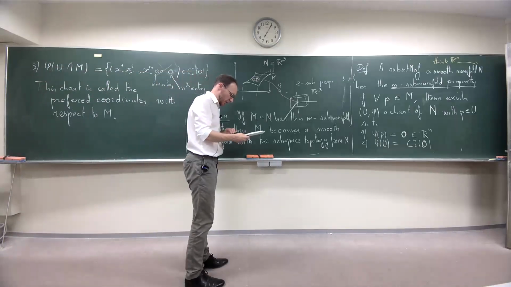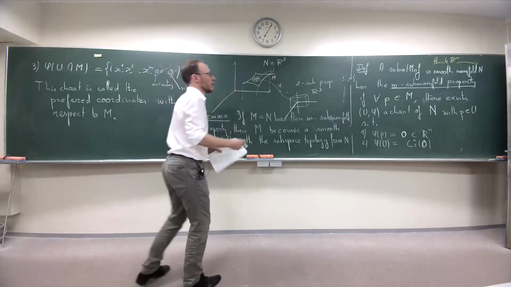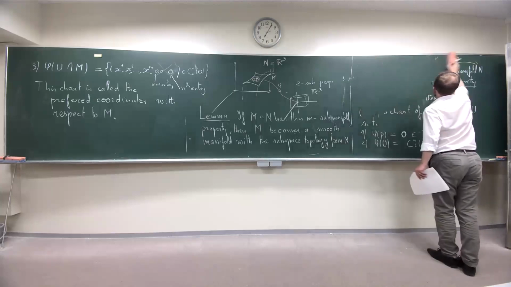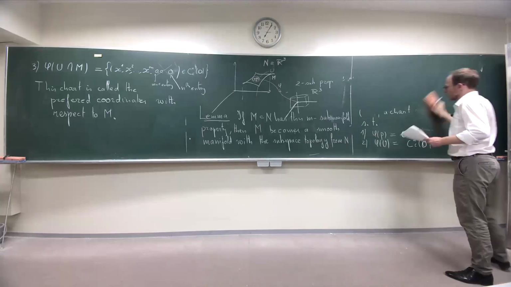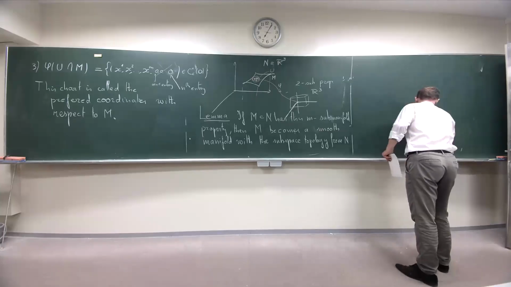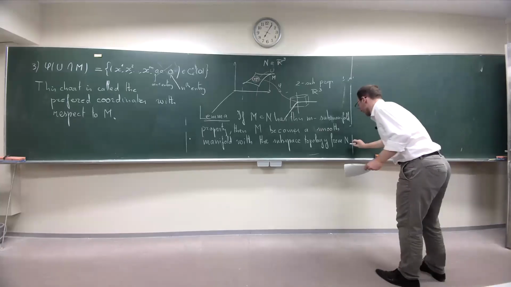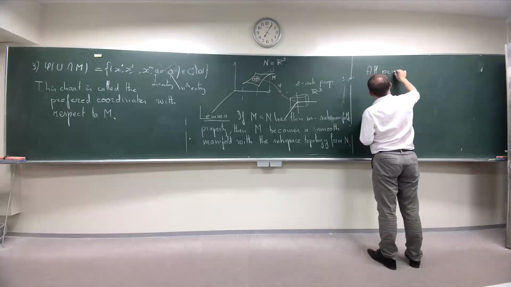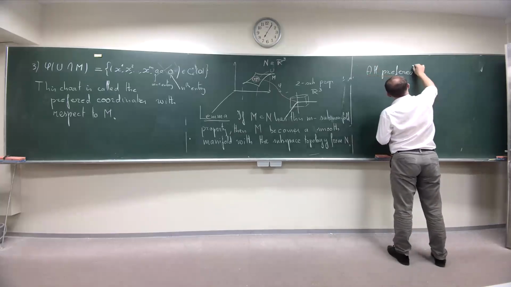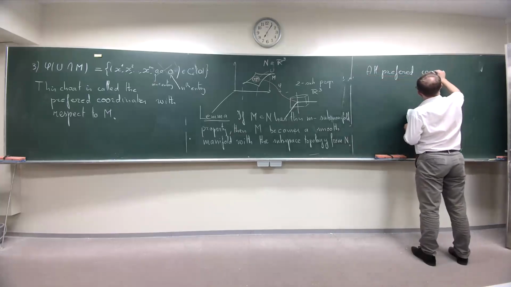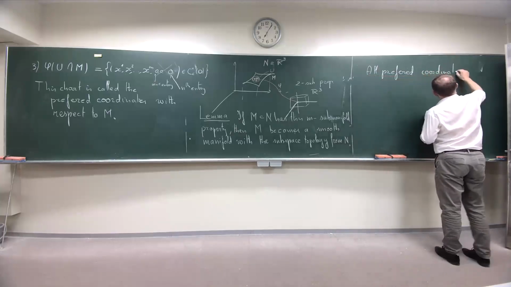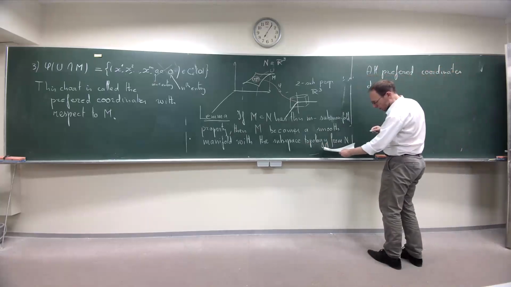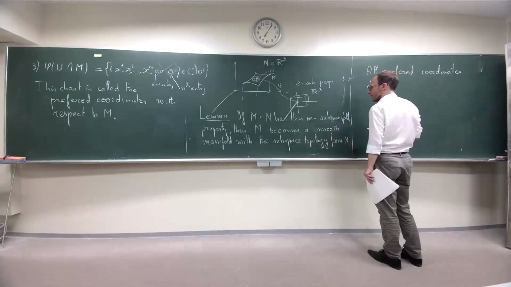So what you need to do is take a projection, in fact, on the first m coordinates. So n and all preferred coordinates defined. So far, it's only a topological space, a topological manifold.